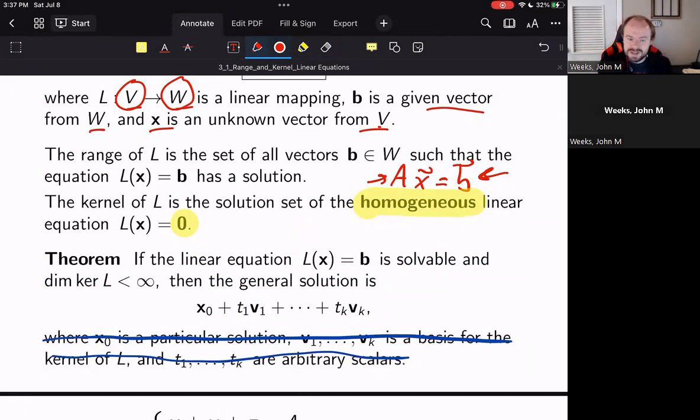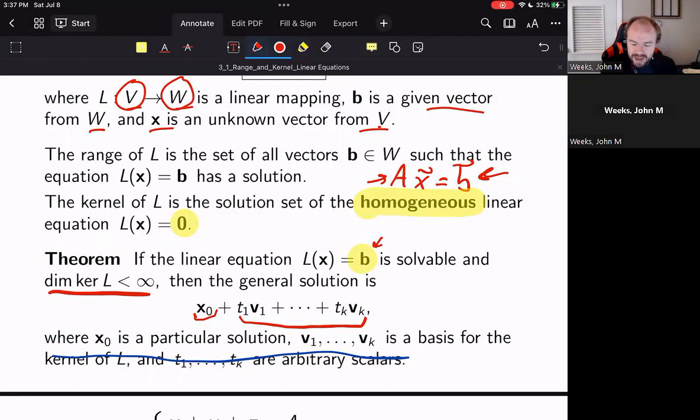Lx equals b, if it's solvable and the dimension of its kernel is finite, which is prone to happen whenever you have finitely many derivatives being taken, just like we saw in our previous example, then the general solution consists of the homogeneous solution and a particular solution. x naught is a particular solution for us that essentially helps us figure out what to do with the fact that this vector on the right-hand side is not necessarily 0. It kind of is the part that allows us to get this to be 0. However, anything inside of here, t1 v1 plus ... plus tk vk, that is all solutions to the homogeneous linear equation, Lx equals 0.